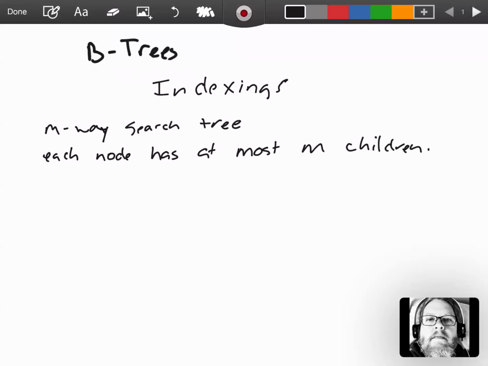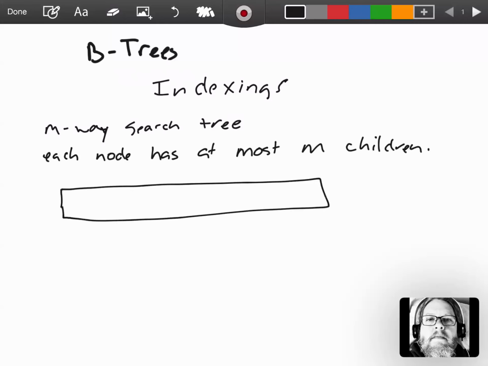Each node is going to look like this: there's going to be a series of values, and then links between them, depending on how big M is. I'll just pick some random number here.